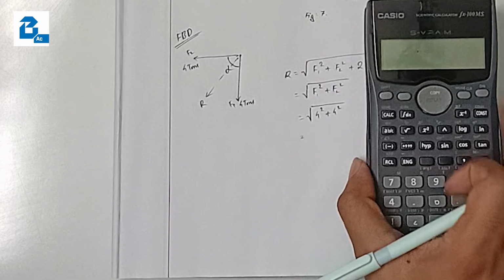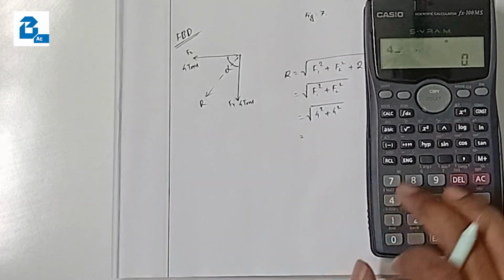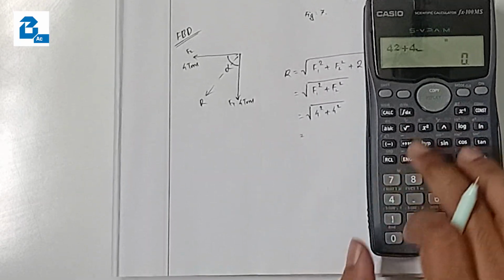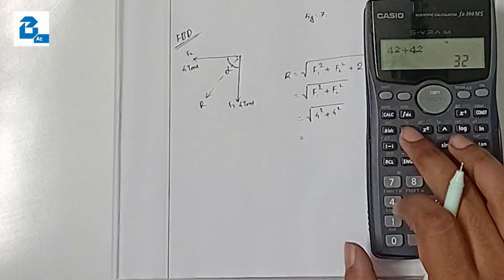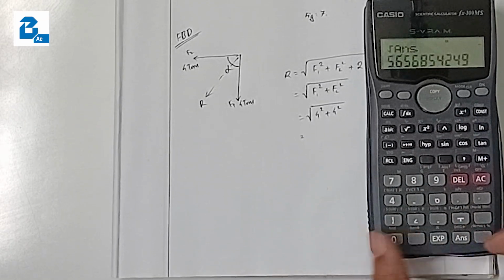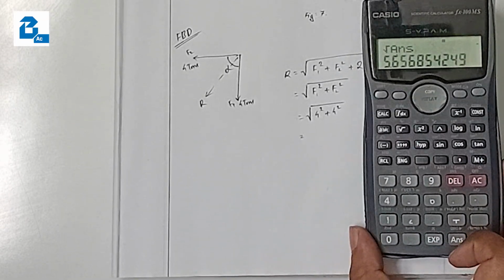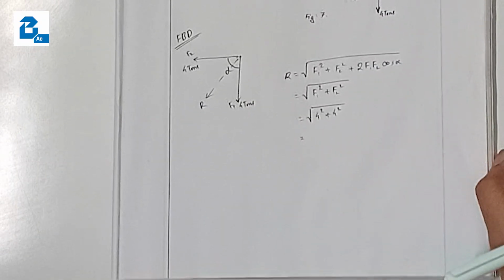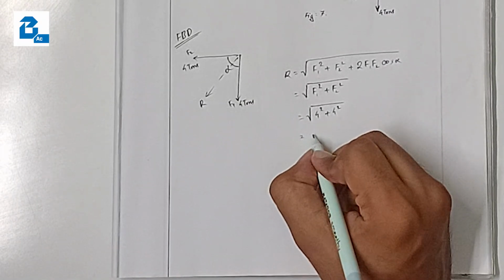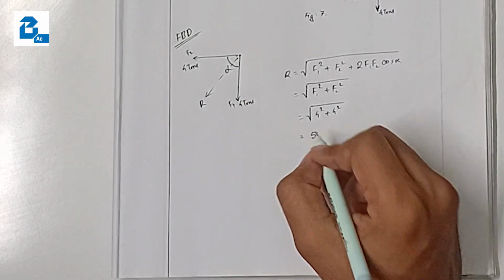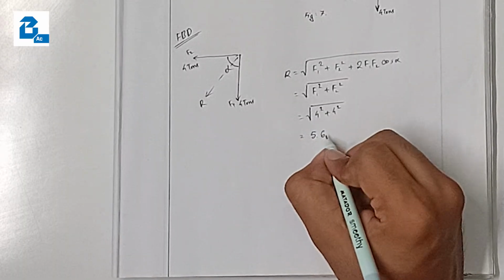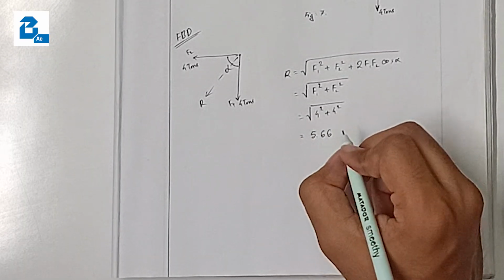Then we get 5.656, so we can write 5.66, and this is the resultant.